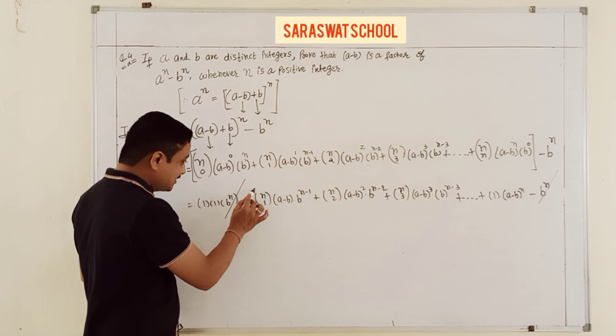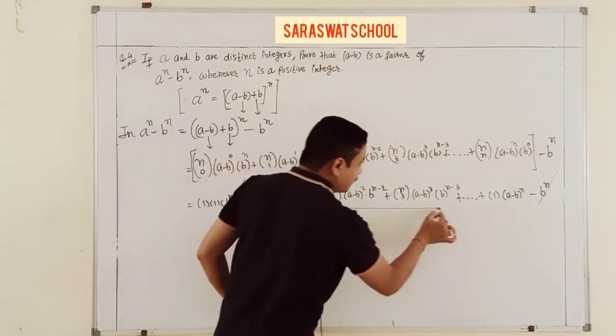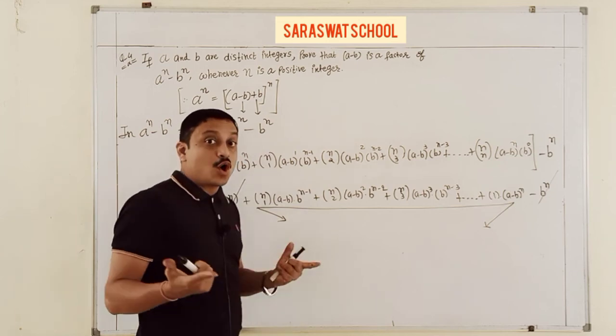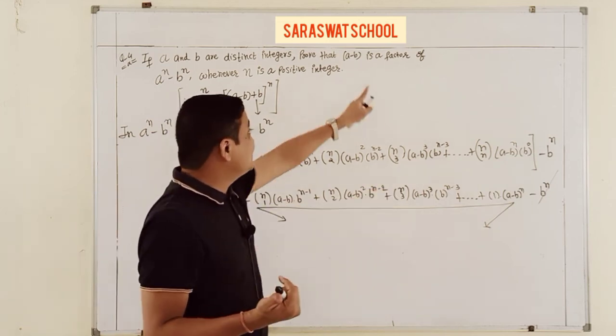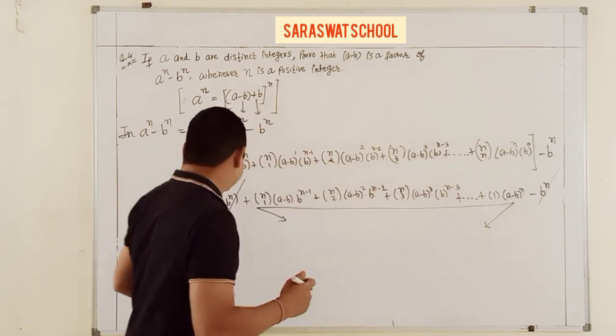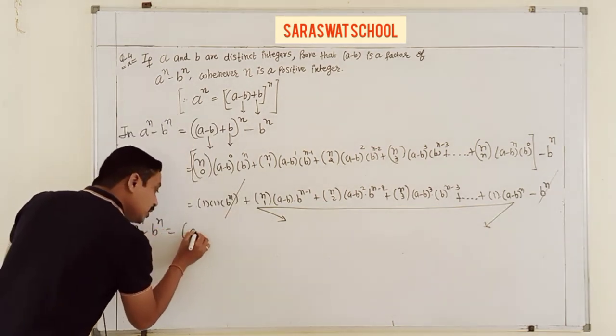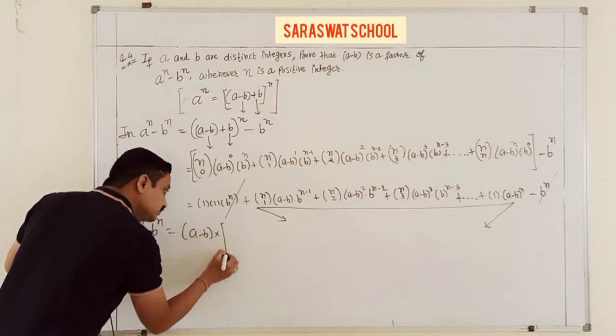And students, in this part I just take out the common factor, that is a minus b. So in a raised to n minus b raised to n, I take a minus b common.